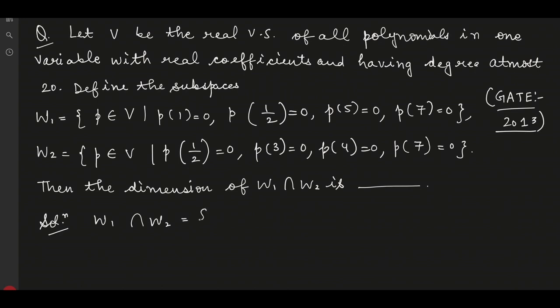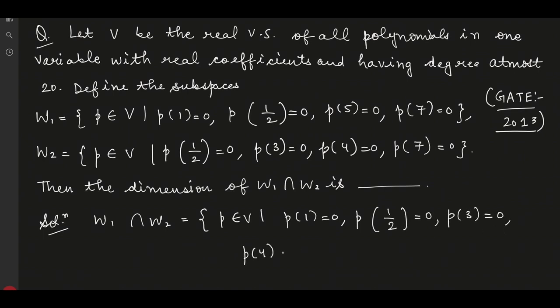What will be W1 intersection W2? P(1) equal to 0, P(1/2) equal to 0, P(3) equal to 0, P(4) equal to 0, P(5) equal to 0, P(7) equal to 0.